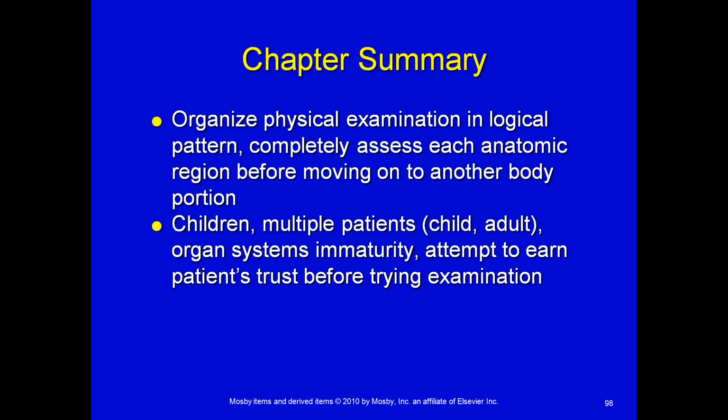But there will be some challenges when assessing children, or when assessing multiple patients with similar illnesses or injuries. You'll have to do some triage, and we have a whole section at some point devoted to doing some jump start triage.